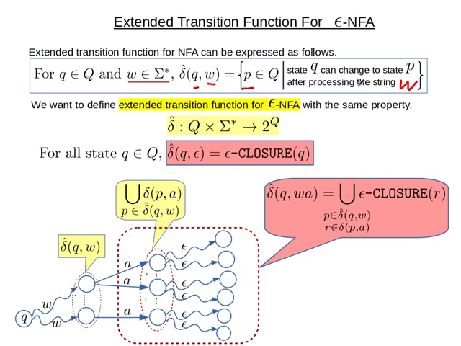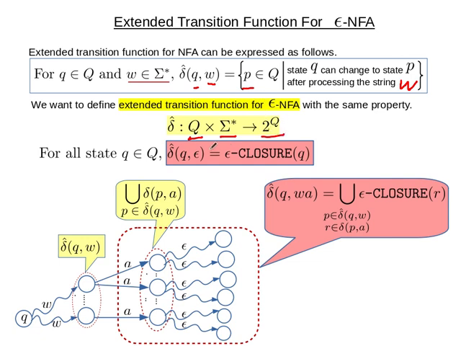Yeah, after processing the string W, right? So what is the signature? Since this is a string, we have sigma star here. We are starting with some state, so we have a Q here, and then this is a set of states, so we have a subset of Q here, right?